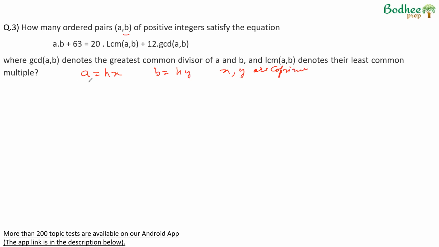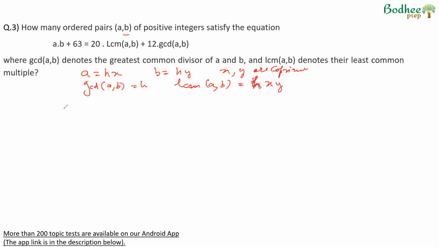Therefore, we can say that the GCD of A, B will be nothing but H, and therefore the LCM of A, B would be, take the HCF common H, the remaining part is X and Y.